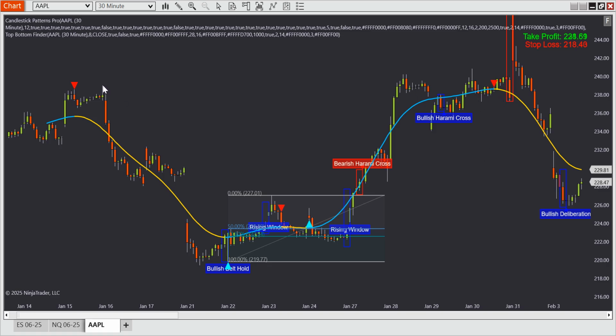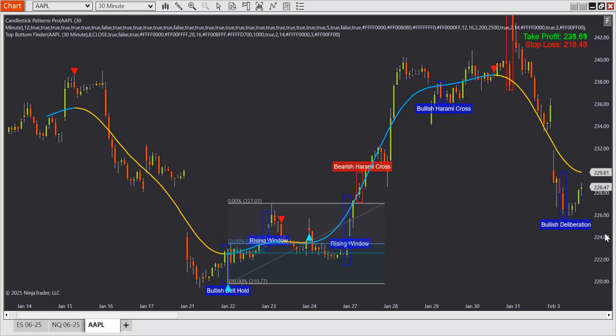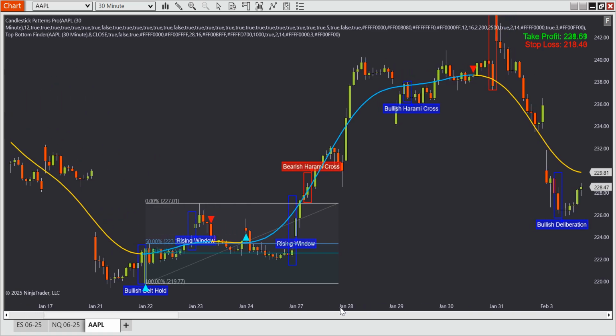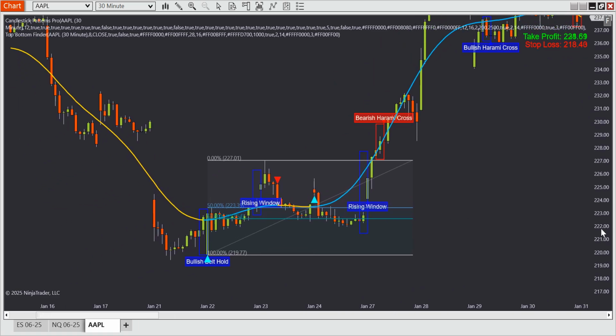This, even just holding till this high here, as you can see, these took it out, would have been an incredible trade already. And that's just forming, pairing it with the justified price zone, overlapping confirmations all right here.